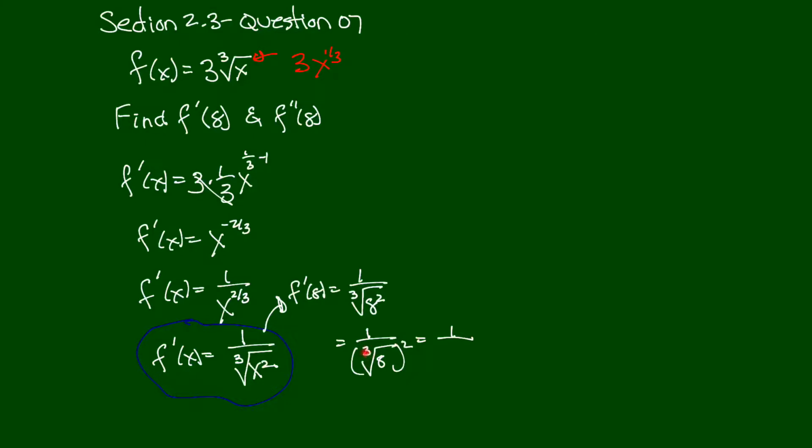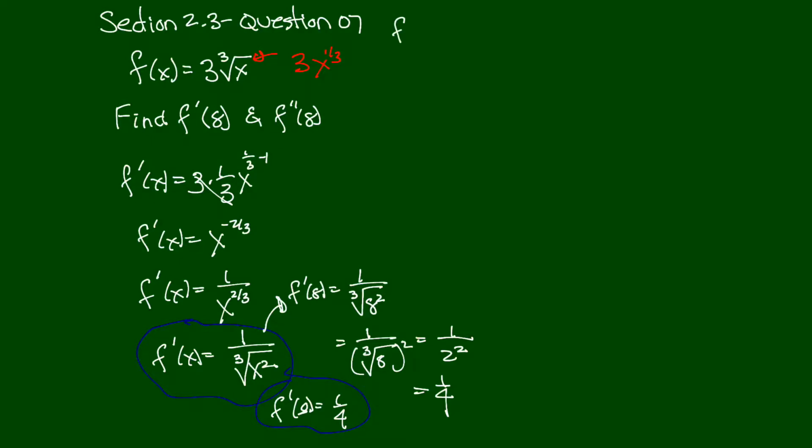If I do it this way, the cube root of 8 is 2, and then I get 2 squared. If I do it the way it says up here, I'd have to square 8 getting 64, and then get the cube root of 64, which I can do. I mean, it's 4. So this is going to be 1/4. So what we have then is that f prime of 8 is 1/4.